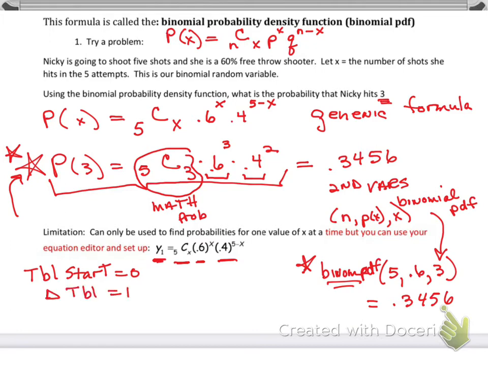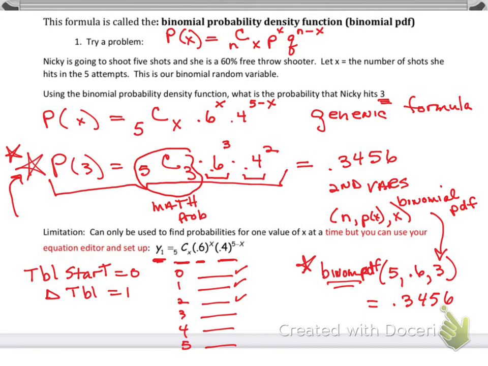Then once you have it set, say second quit, and then go into second table, and you'll be able to read each of these numbers off. Then if you want the probability of getting either a 0 or 1 or 2, you would add these 3 up.